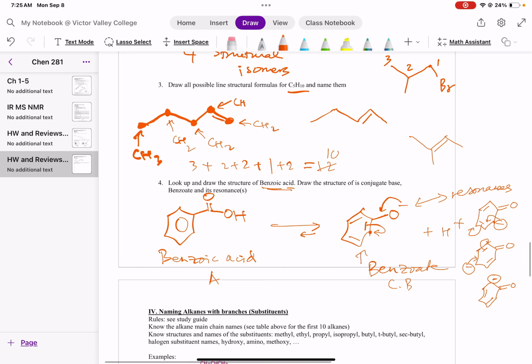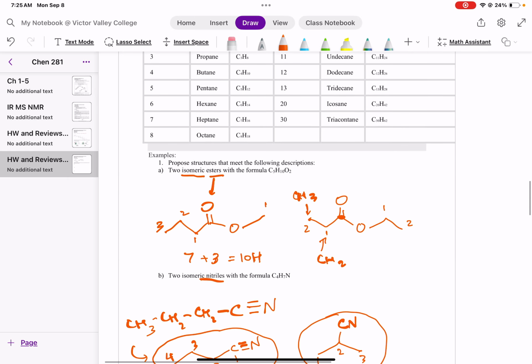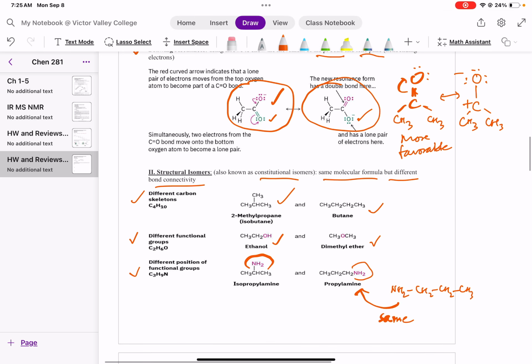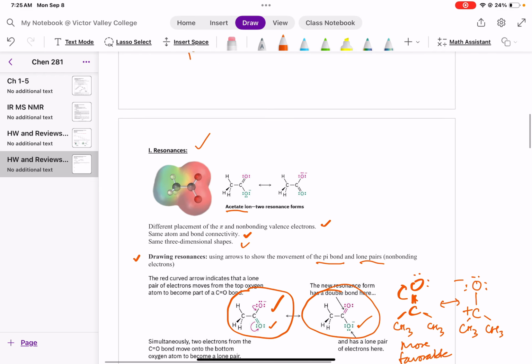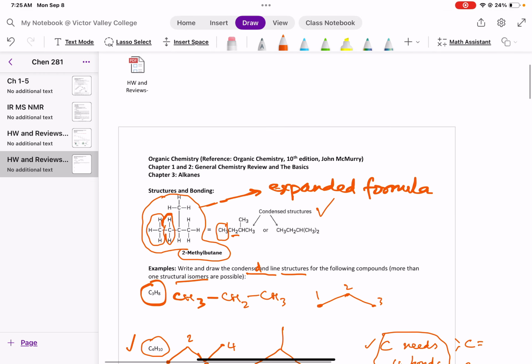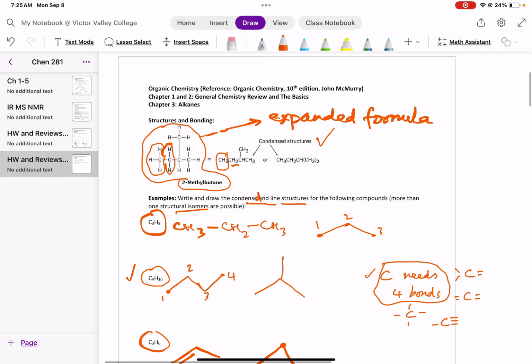But what we've done so far, drawing isomers and resonances, these are a good start. Okay. Now, next video we're gonna go over the alkanes, from naming to a couple simple reactions and structural analysis. Okay. All right.